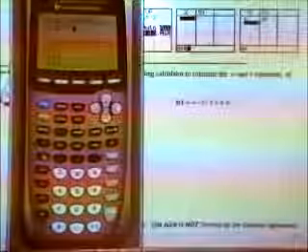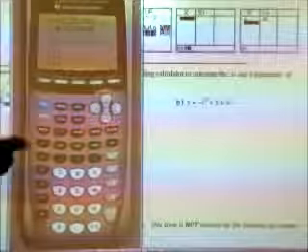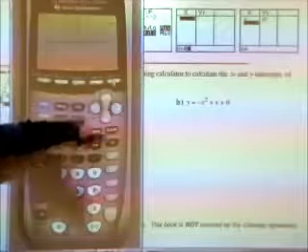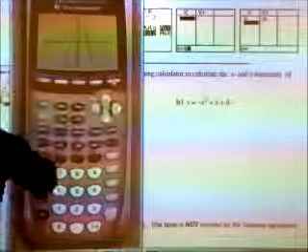So -x squared plus x plus 6. I'm already on my standard window setting, so I don't have to go zoom 6. I can press graph. And then I have this upside down shaped U. Do you guys remember what we called this? A quadratic. The shape is called a parabola. The equation is a quadratic equation.